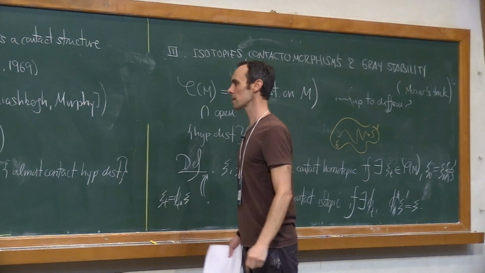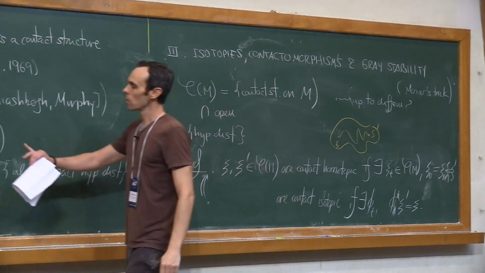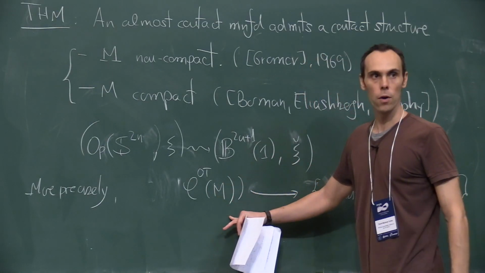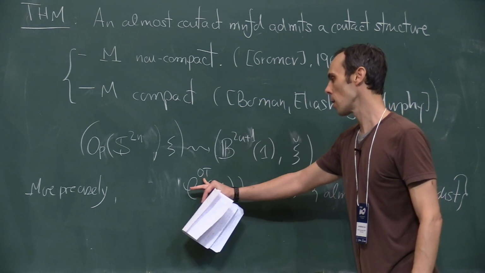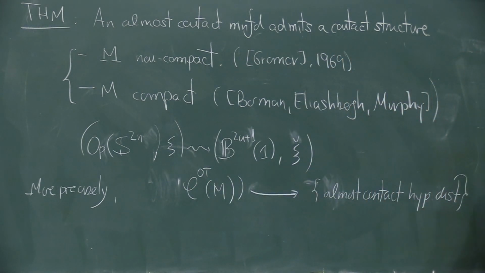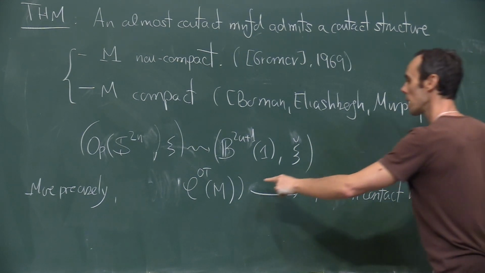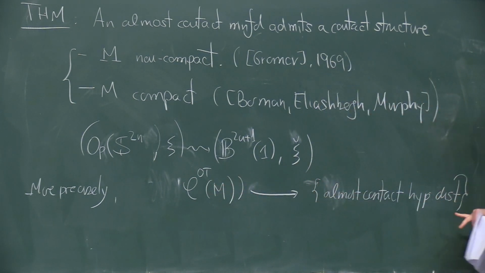In particular, it says the following thing. If you look at the space of contact structures on M, I put here a superindex OT that stands for over-twisted. This is some kind of contact structure. Then the inclusion of this kind of structures into the space of almost contact hyperplane distributions is a homotopy equivalence.